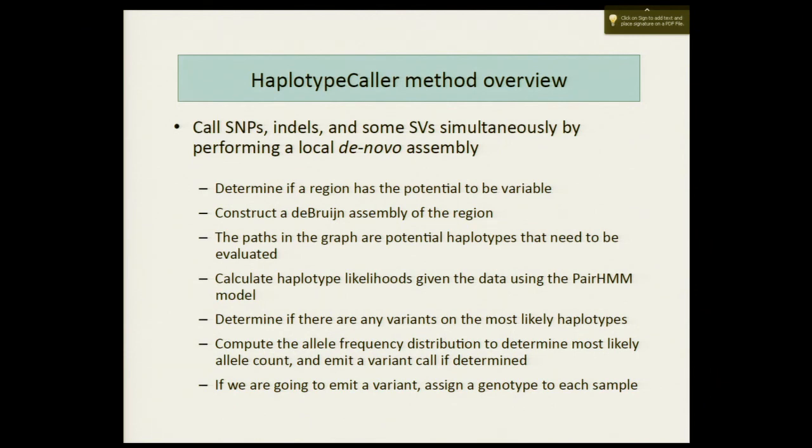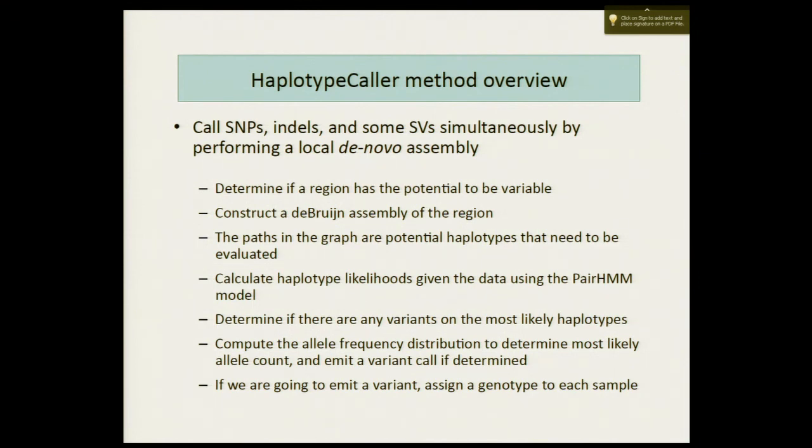Any other questions? Does error rate have a big effect on the complexity of the de Bruijn graph? I'm not sure what you're asking. I'm thinking in terms of assembly: you try to error correct the reads so that you can get a cleaner graph. But if you're using the raw reads, which have the errors in them, is it complicated? Yeah, any error in the read is going to show up as a path in the graph, right? And that's bad. So you create lots of paths in the graph.